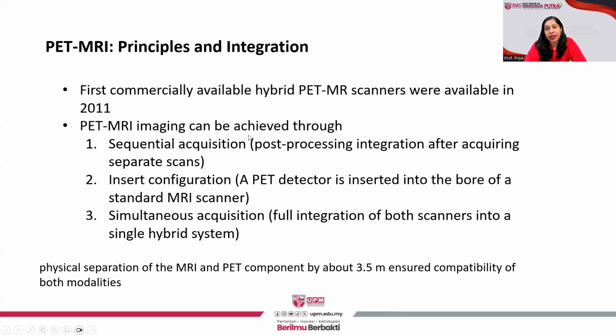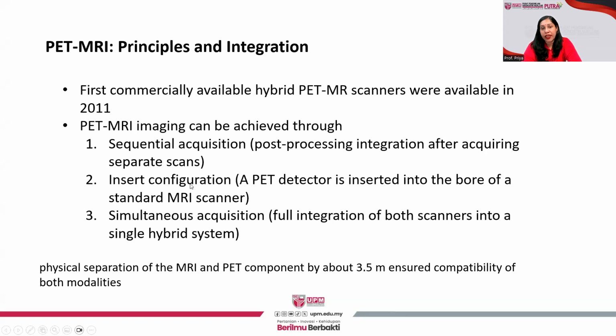PET-MRI imaging can be achieved through sequential acquisition, where the post-processing integration is conducted after acquiring separate scans. Or it can be through an insertion configuration, whereby a PET detector is inserted in the bore of a standard MRI scanner when needed for PET-MR imaging.